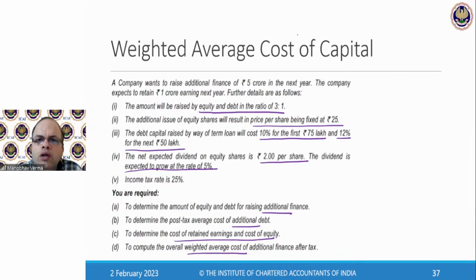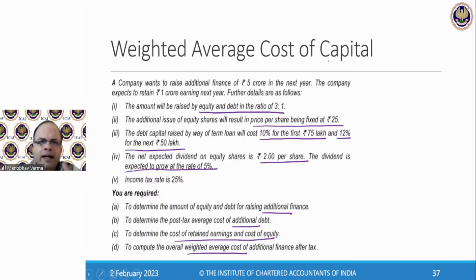We are talking about an additional finance of 5 crores. And the company is expecting to retain 1 crore. Now if we are talking about the ratio, can you tell me, guys, how much is the debt and how much is the equity we need?